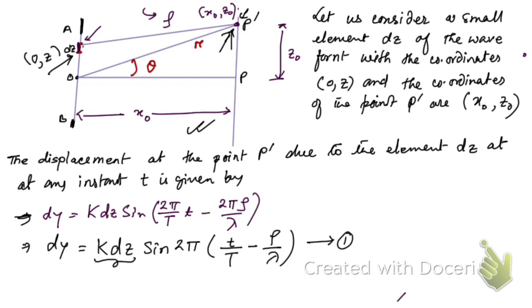So now here you see, this is the equation. In order to obtain the resultant displacement at this point P dash due to the whole wavefront, due to this complete wavefront from A to B, we need to integrate this equation: dy equals k dz sine 2 pi, t by capital T minus rho by lambda.